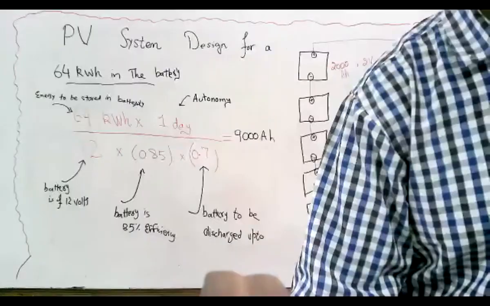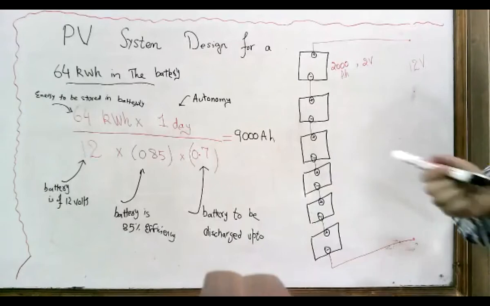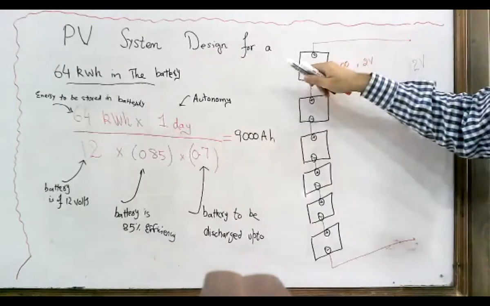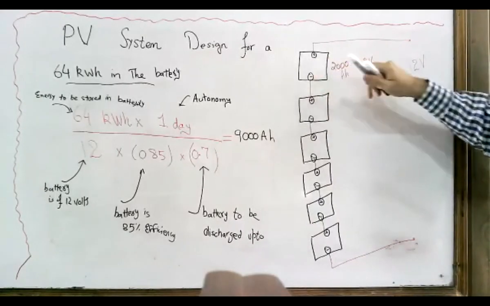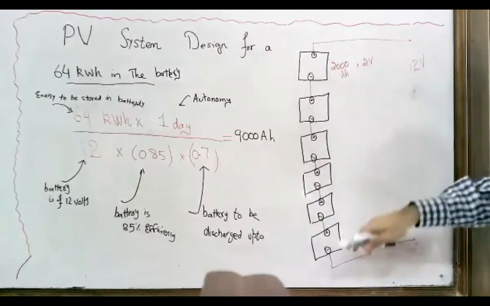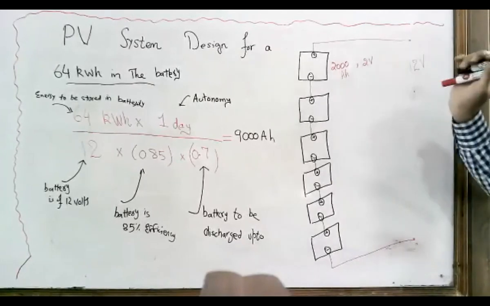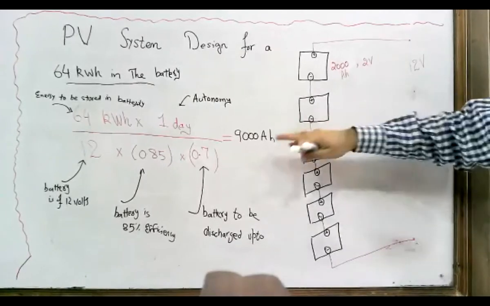So here you see that I have chosen the 2000 ampere hour battery, and each battery is rated at 2 volts. We have connected 6 batteries in series, and we have made this 12 volt. The main thing to focus on is the ampere hour rating.